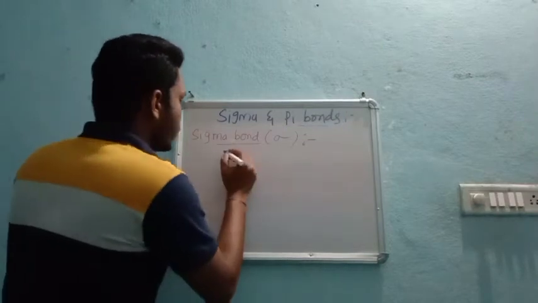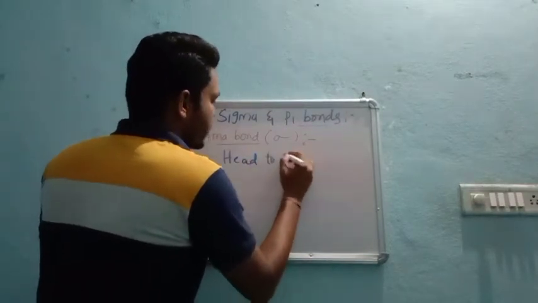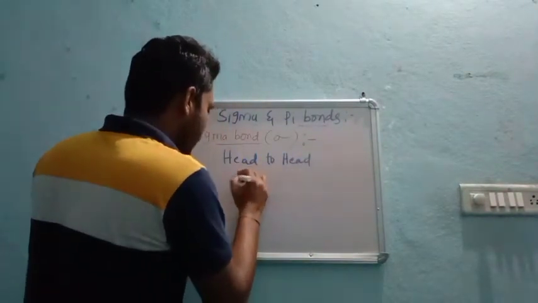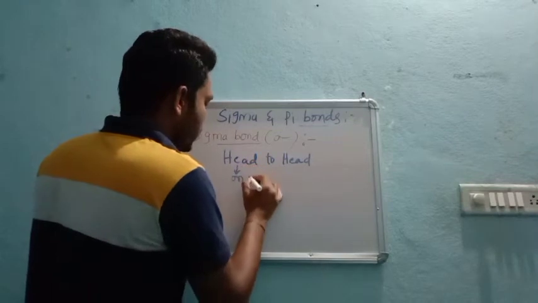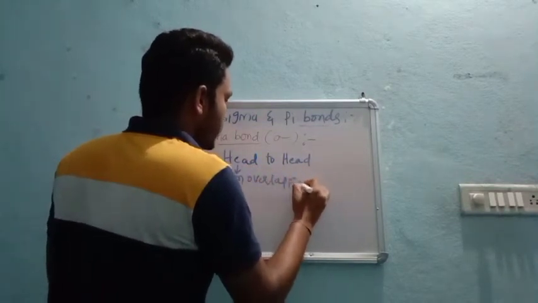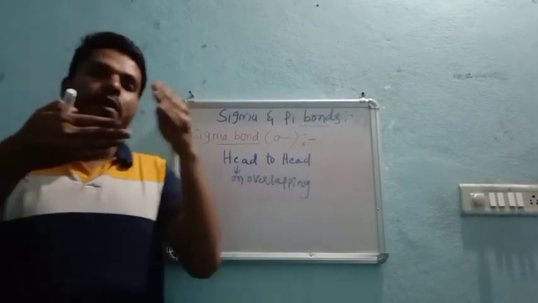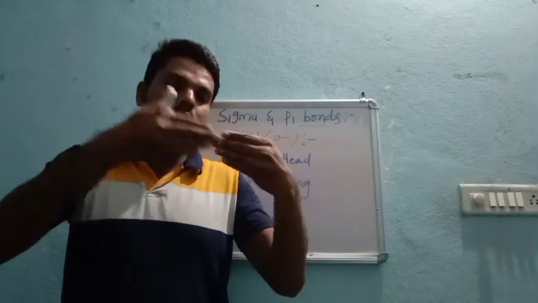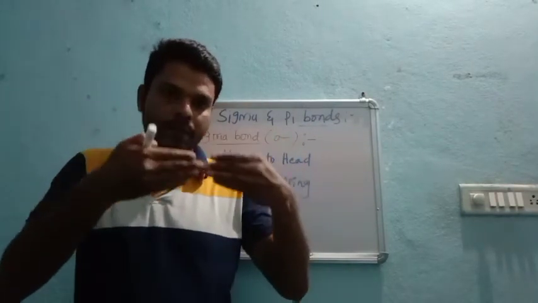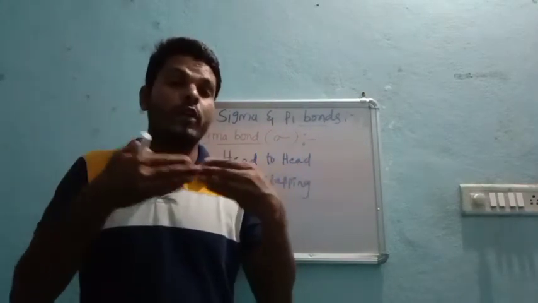Whenever between two atoms there is head-to-head, or else we can say head-on overlapping, like this, considering the head of one atom and the head of the other atom. We will come to know in class what head-to-head overlapping is exactly.